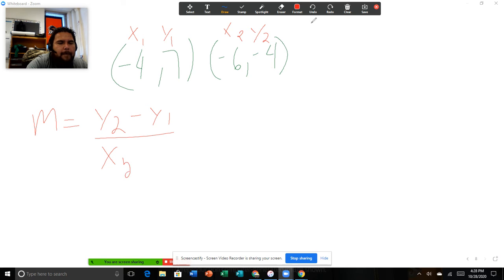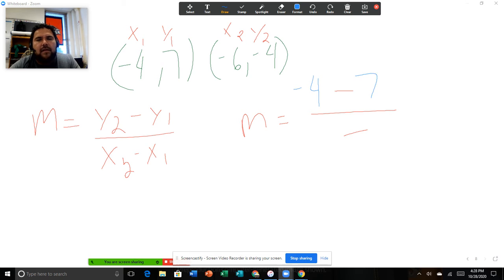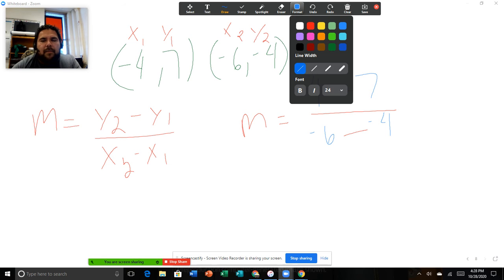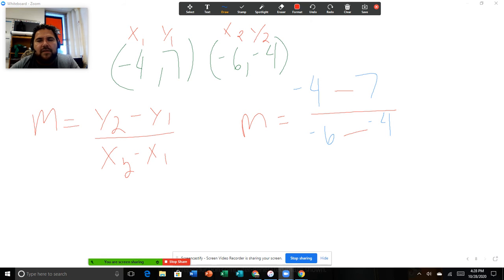The best thing for you guys to do is write your slope formula with the minus symbol so that you don't confuse yourself. When I'm labeling this, y2 minus y1 is -4 minus 7 over -6 minus -4. Notice this -4, that minus symbol doesn't go with it, so we're going to have to do some extra steps.